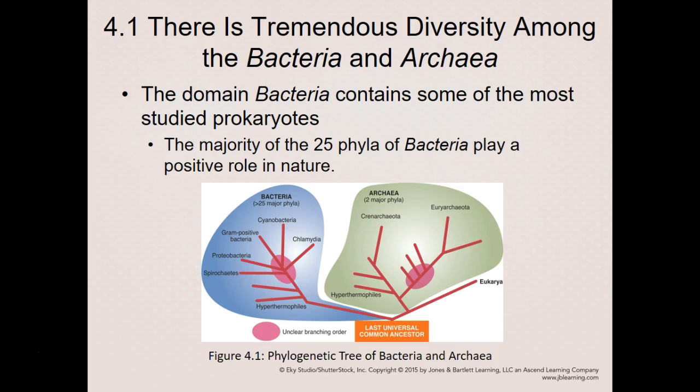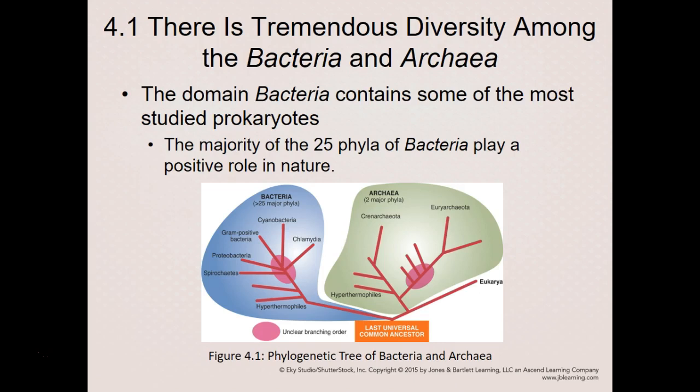So I've already mentioned that we group all living things into categories depending on the characteristics. And typically, now that we have the means, we use chemical characteristics like DNA and RNA to help us group these organisms properly.